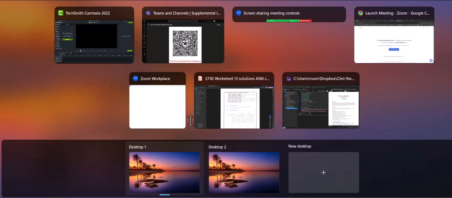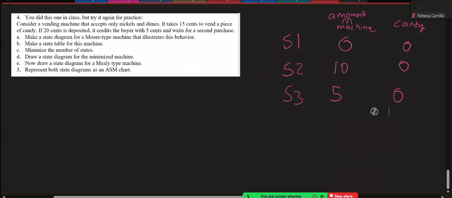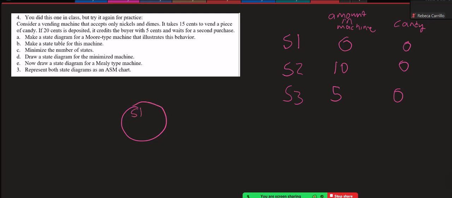Start with S1, and this is a Moore machine, so it has a 0 because you're not outputting any candy. I'm going to use as symbols D for putting in a dime, N for putting in a nickel, D bar for not a dime, and N bar for not a nickel.